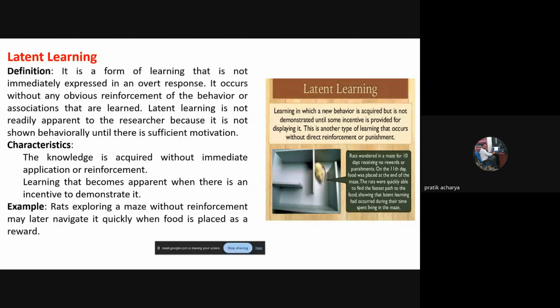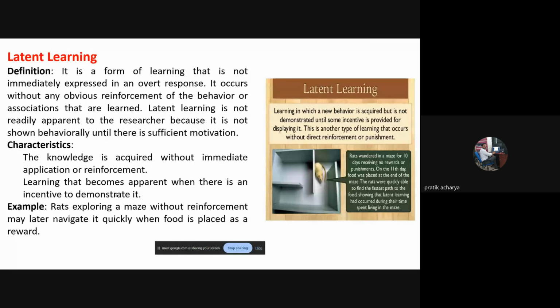Latent learning is not readily apparent to the researcher because it is not shown behaviorally until there is sufficient motivation. That means latent learning is where a new behavior is acquired but not demonstrated until some incentive is provided for displaying it.